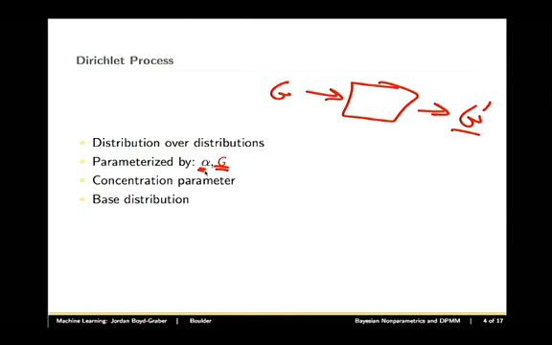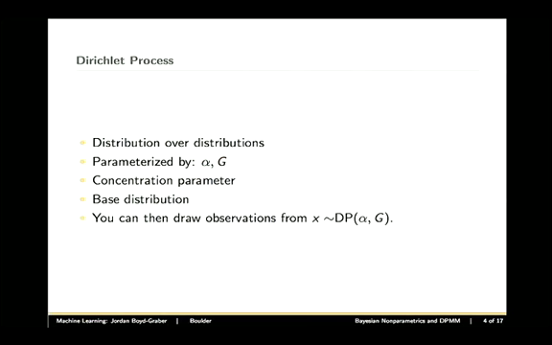And alpha controls how similar G is to G prime. And then you can draw observations from the thing that you got out of your Dirichlet process. And so you get some G prime out, and then you can draw x from that G prime.